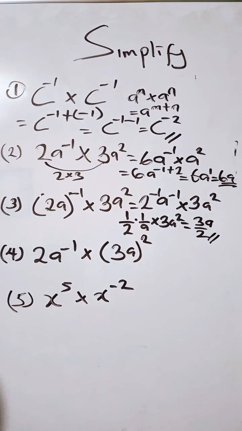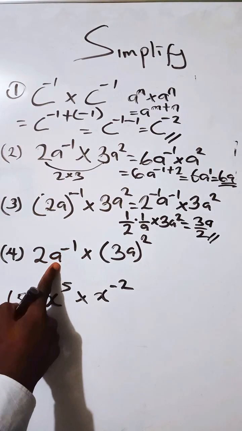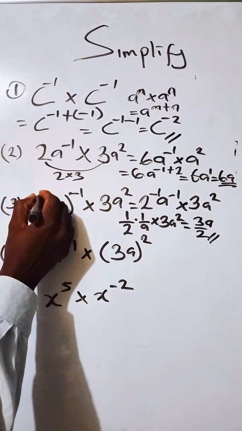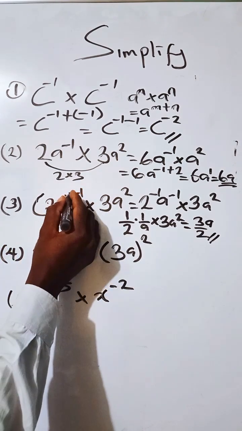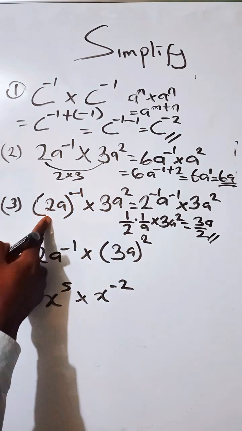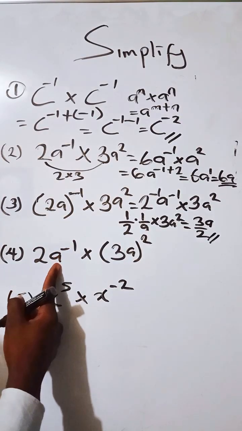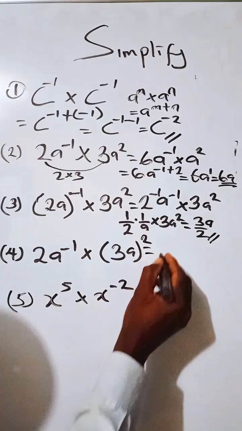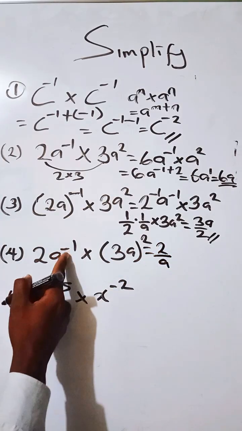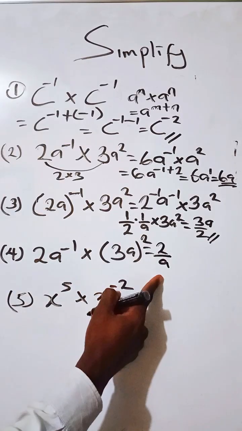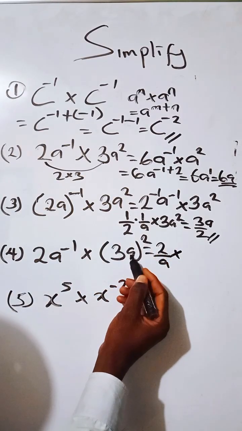For the fourth one, we have minus 1 as the power of a. It's different from the previous one, where we have 2a in the brackets with minus 1 as the power, so it affects everything. In this case, minus 1 affects a alone. So when we write this, we have 2 times 1 over a, times the square, which affects 3 and a.